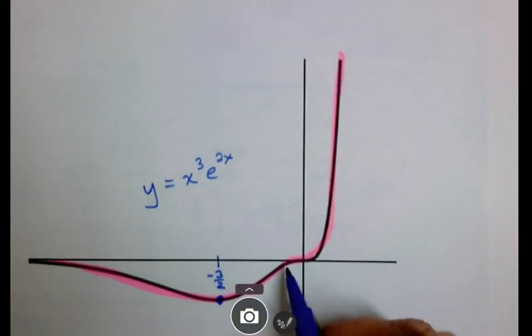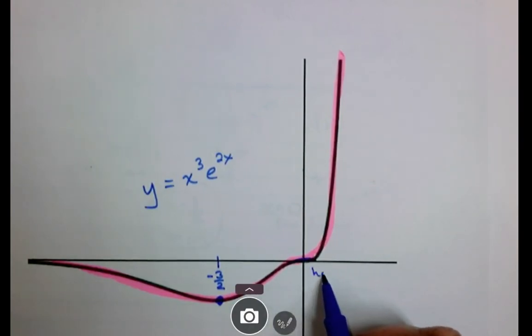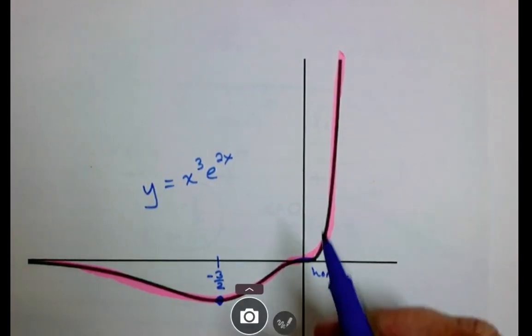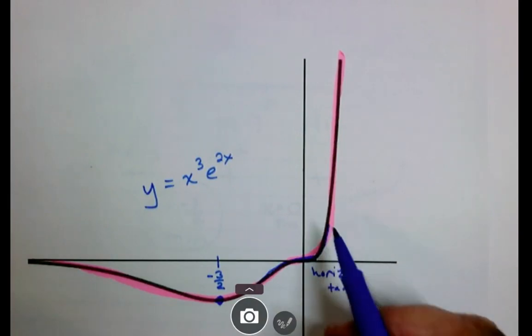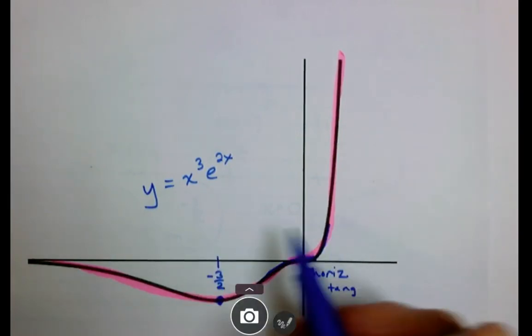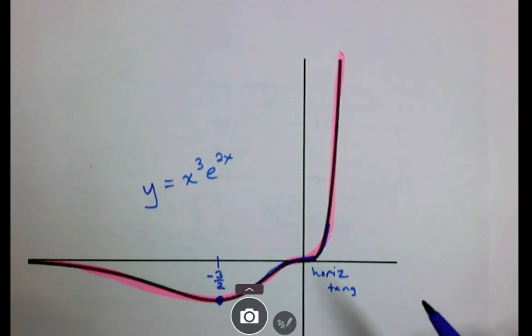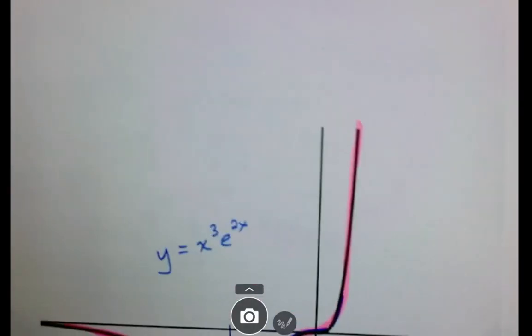And then look, when x equals 0, we have a horizontal tangent, but it's neither a max nor a min, right? F of x is increasing. Then after that point, f of x is still increasing. Anyway, I just thought that was a cool graph. Thought I'd share it. So now it's time to go on to number 2.